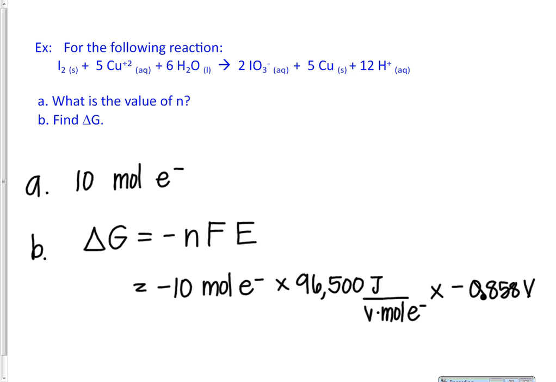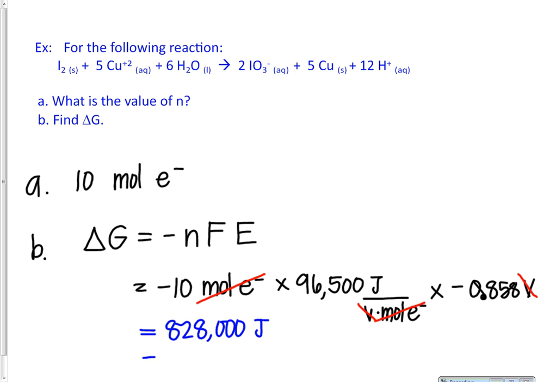And that's in volts. So if you look at your labels, moles of electrons will cancel. Volts will cancel. And so your answer for delta G, like it was in the previous chapter, should be in either joules or kilojoules. So if you do this math, you get 828,000 joules.